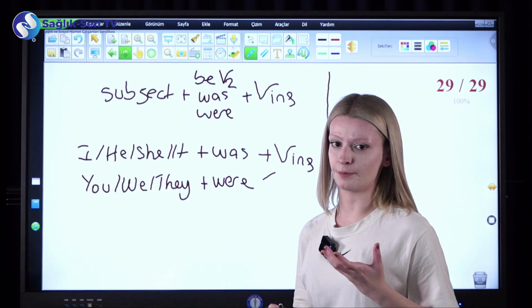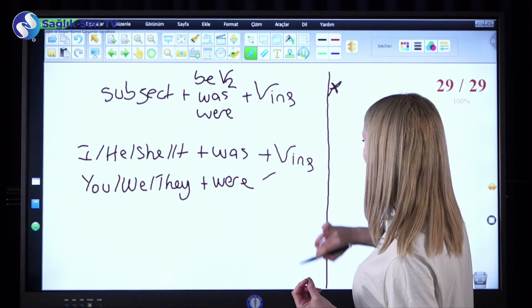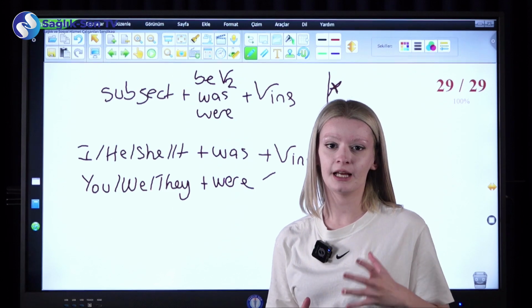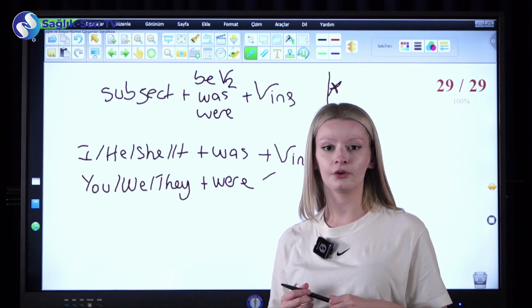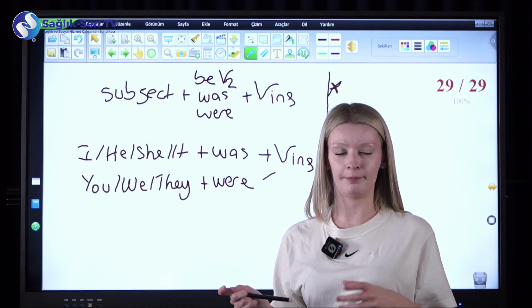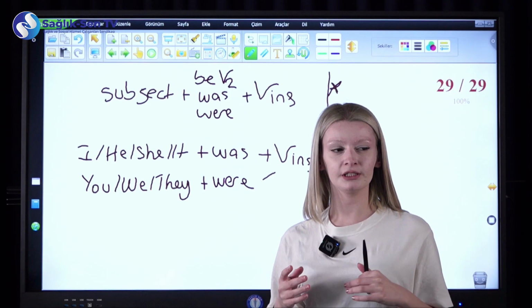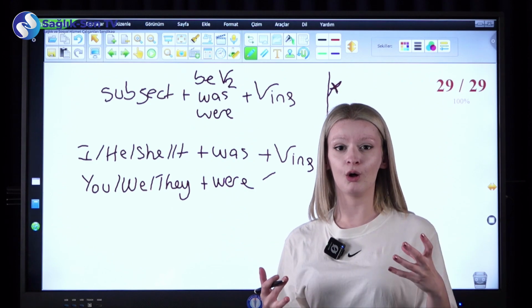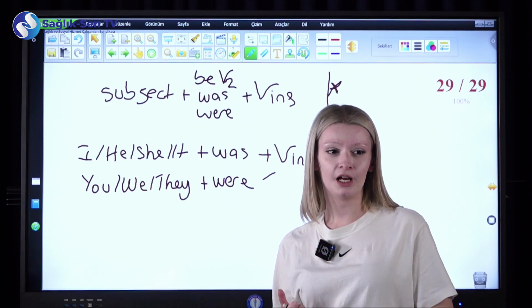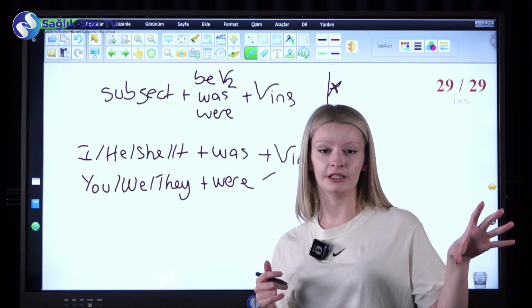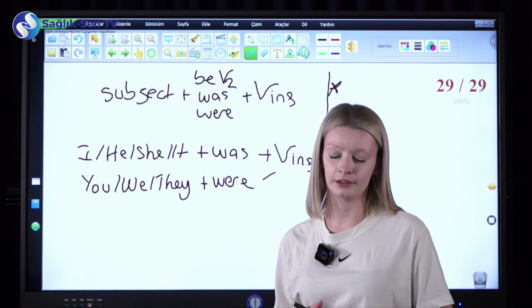With what purpose? We want to indicate actions, events that lasted for a period of time. And when we're doing that, actually our goal is to state an action that happened in the past for a while.